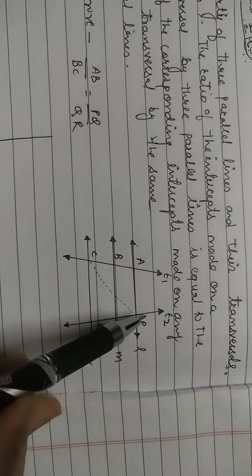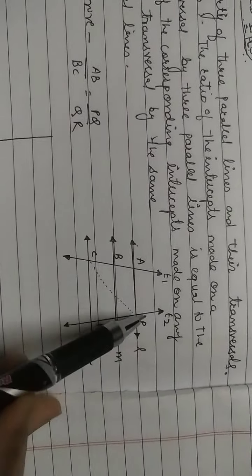So I can write in triangle ACP, AP is parallel to BQ, hence CB upon BA equals CD upon PD. Okay, number 1.